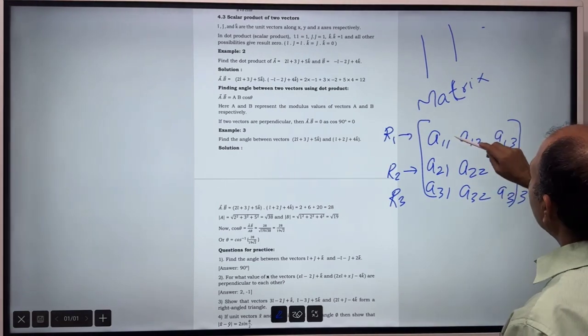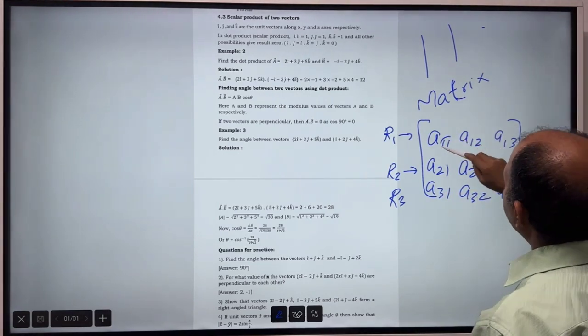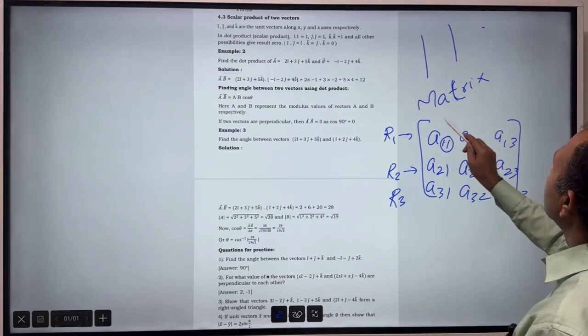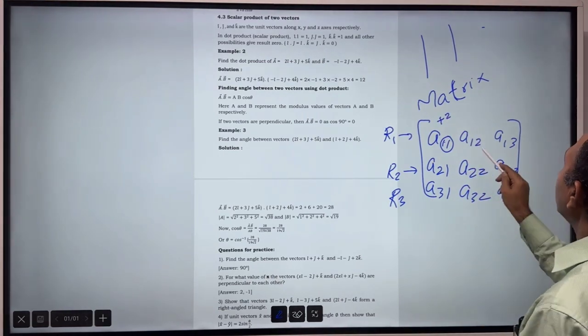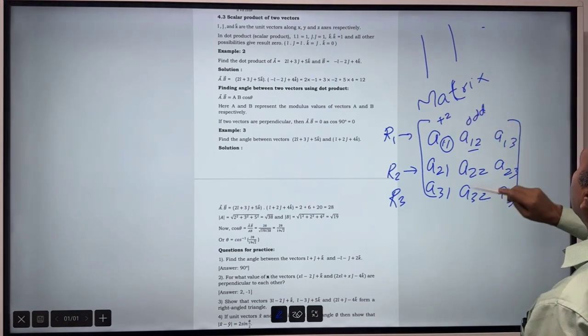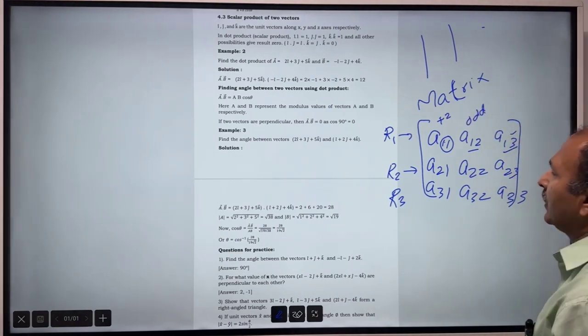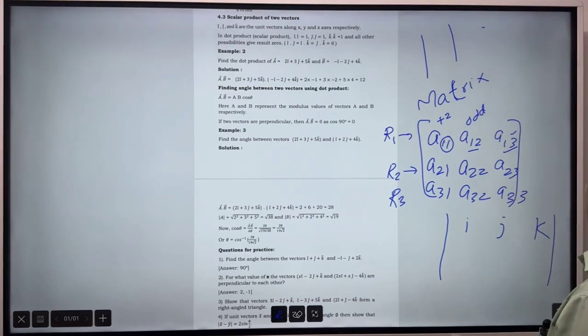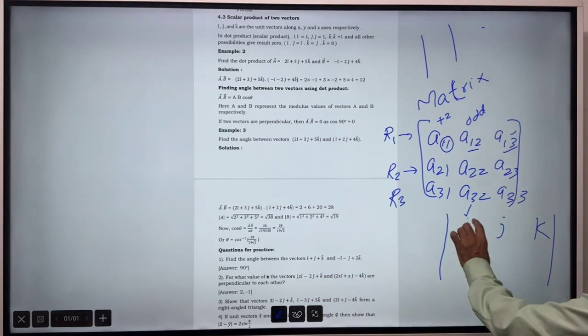Now we find the sum of these subscripts. Here 1 plus 1 is 2, which is even. Here 1 plus 2 is odd. Here this is even. When we write i, j, k while getting the cross product, we look at the position.